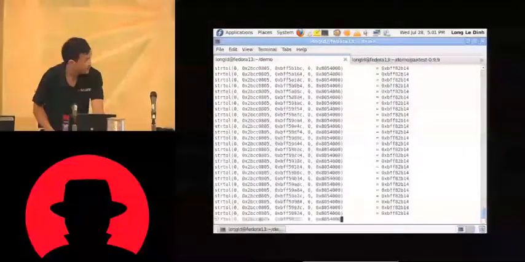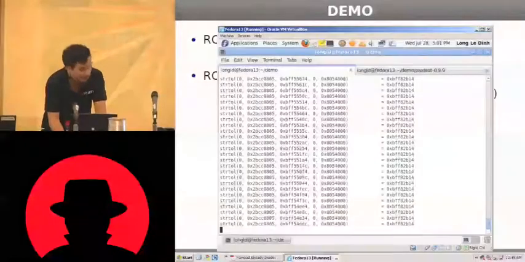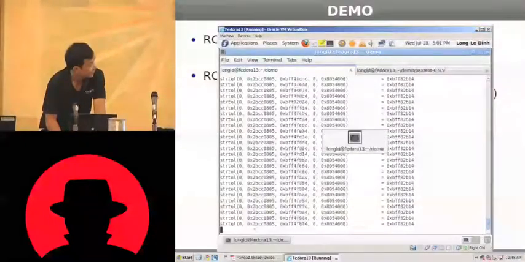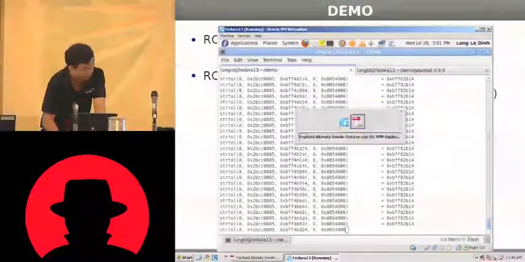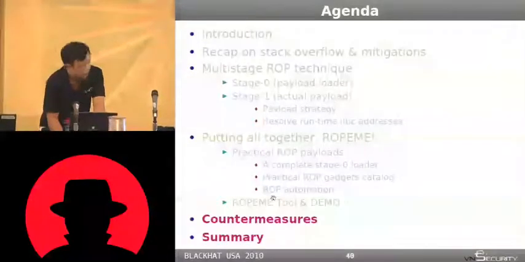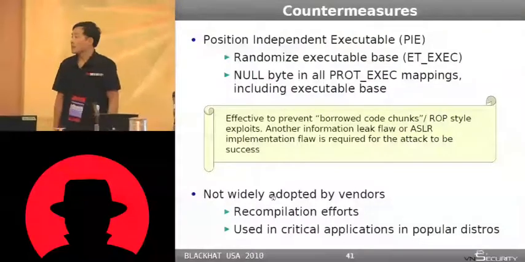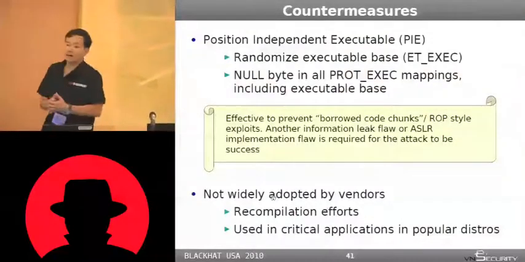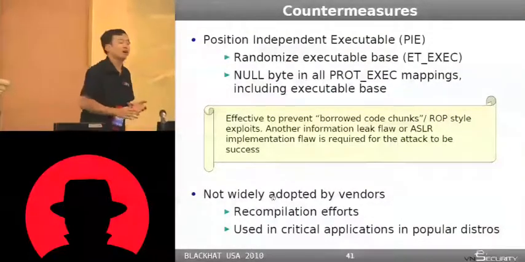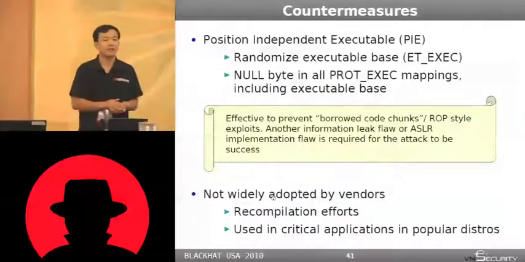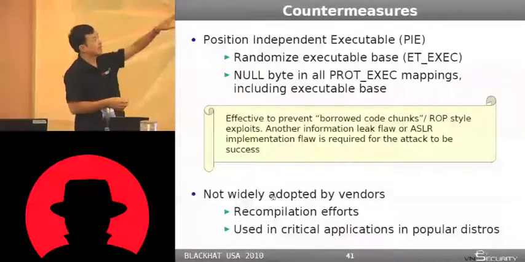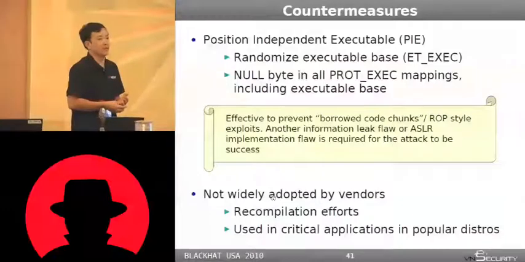Okay, back to the last part. What is the countermeasure? So we see so far the best countermeasure for this technique, or any return-style technique, is the position independent executable.